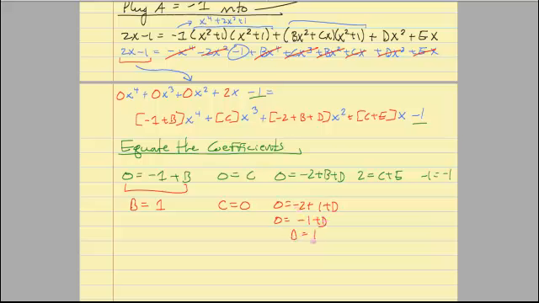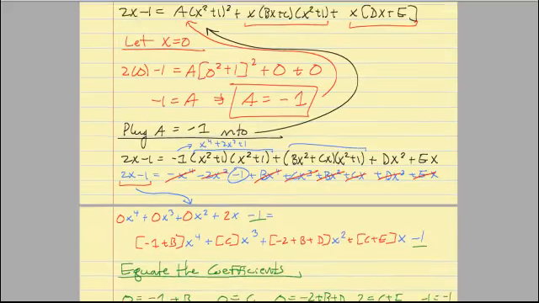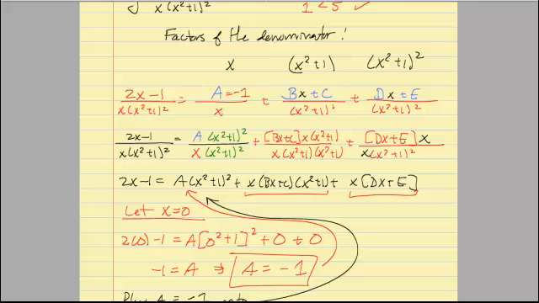D equals 1 here. So I have A up top, B, C, D. Now I need E. Well, I know C is 0, so E must be 2 in this case. So now I have all my other coefficients. B equals 1, C equals 0, D equals 1, E equals 2. So now I put those all up top in my original up here.